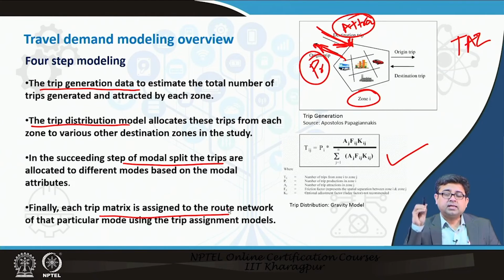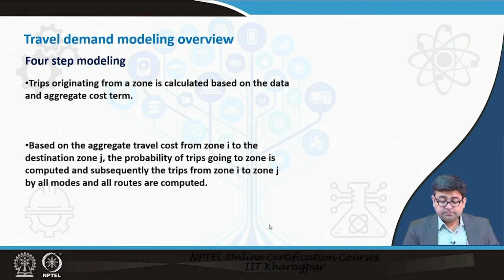So, let me assign this trip to that network. Essentially, now you will know that a particular trip that was generated in one zone is being attracted by another zone, or distributed to that zone, and is using a personal automobile, then you can easily assign it on a network. So, that is the last step in the 4-step model.